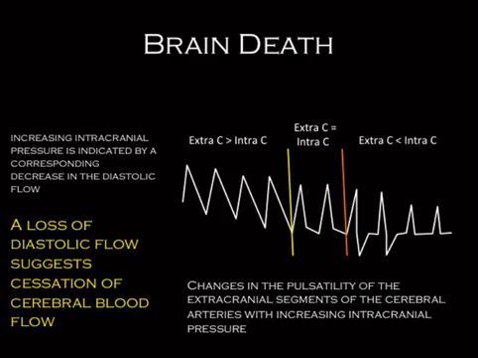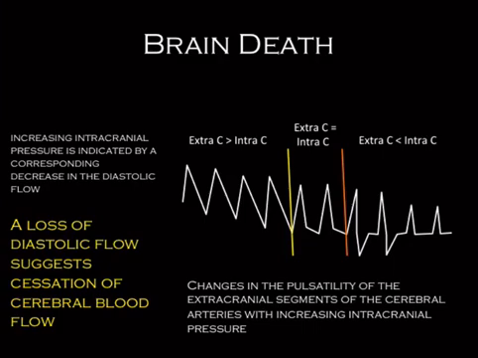So you basically end up creating the external carotid, end up looking like the internal carotid, and then eventually the external carotid will have an even lesser resistance waveform than the internal carotid when it's very bad. But basically, the bottom line is loss of diastolic flow equals a brain that's off.